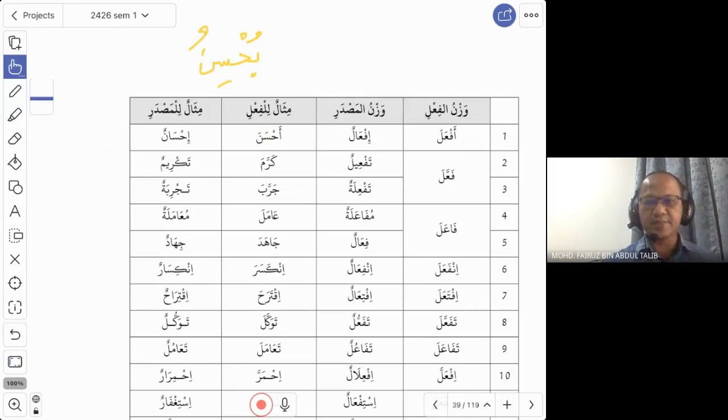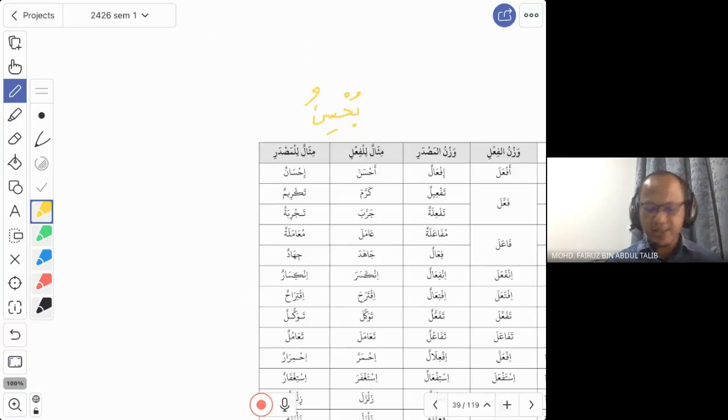Now we want the masdar. So the masdar will be if'al. What you need to do is change this to this wazan, if'al. So what is if'al? The fi'il is now ihsan. And how do you form this?